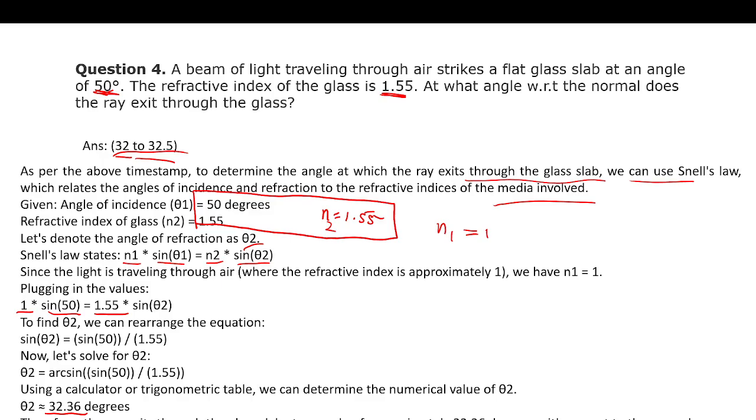So the 50 degree from the normal has bent to 32.36 degree.